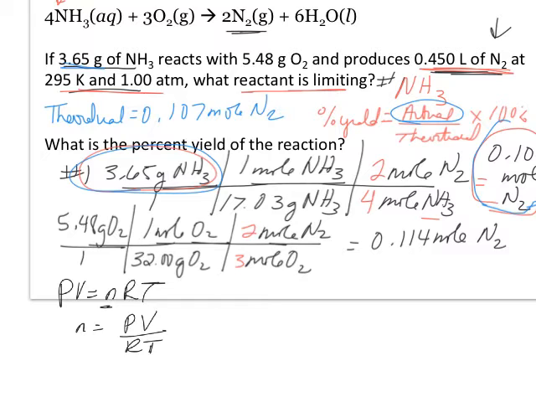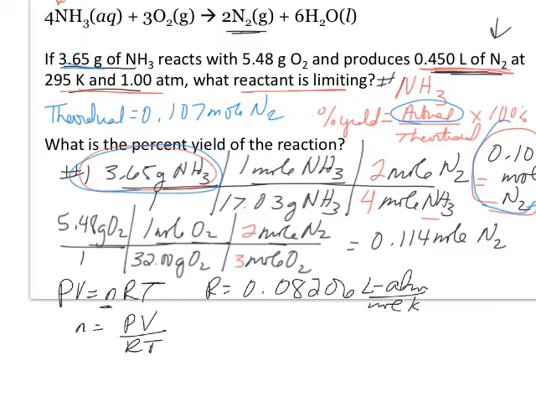And we're going to define our variables. So R is 0.08206 liters times atmosphere over mole times Kelvin.